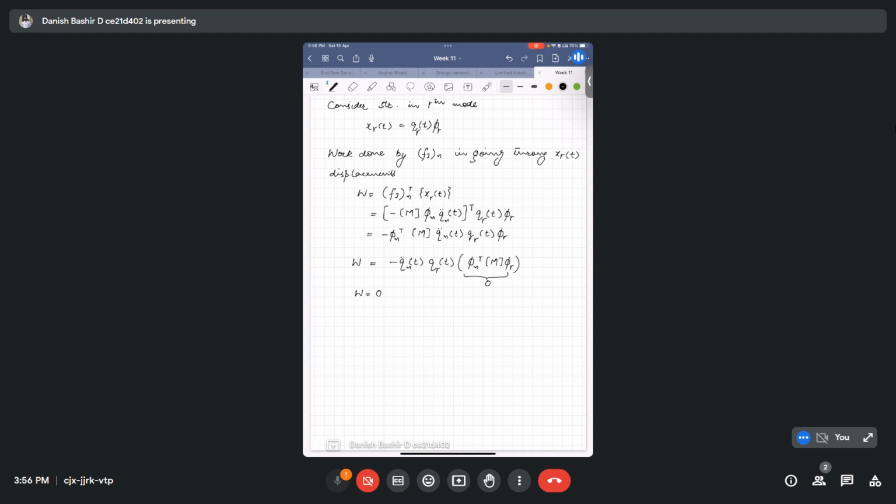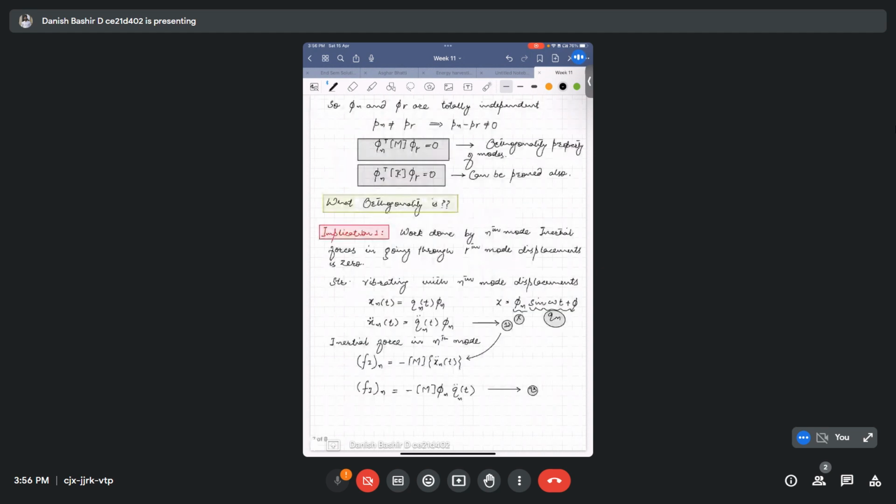The second implication can similarly be proved: the work done by equivalent static forces associated with displacements in the nth mode, in going through rth mode displacement, is equal to 0. Okay, implication second.